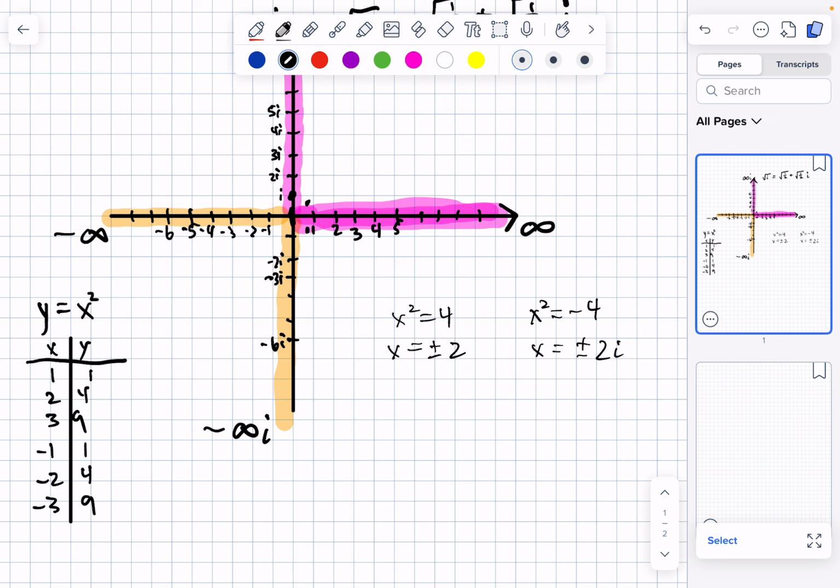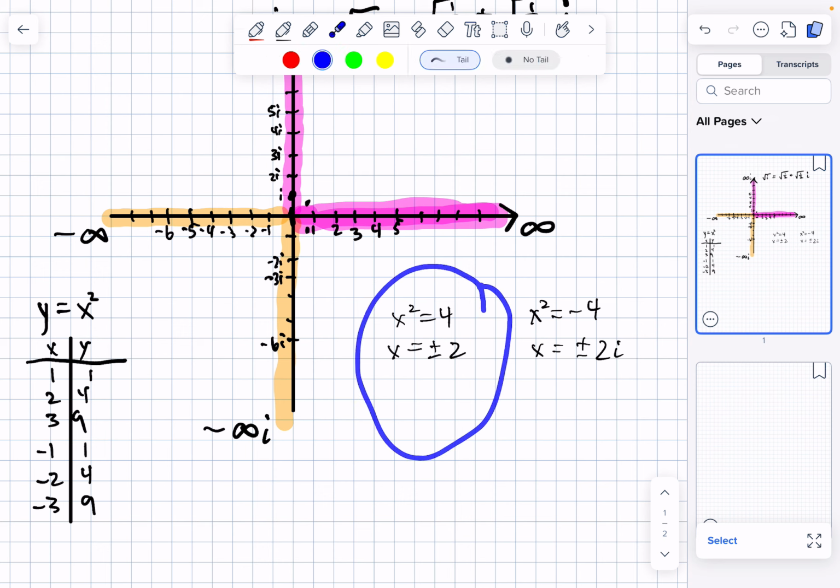Over here on the left side, I thought maybe this sort of explained why, when you square a thing, whether it's positive or negative, it gives you this answer. Whether it's positive 2 or -2, you get positive 4.